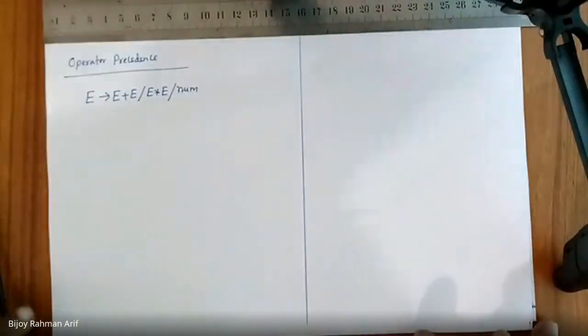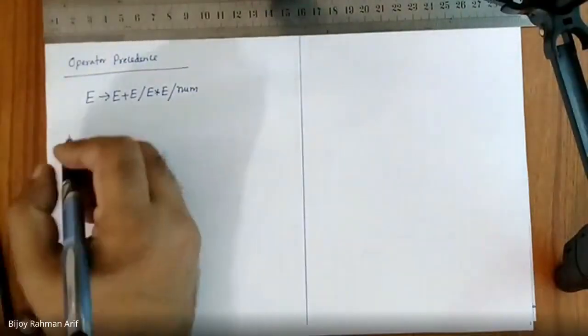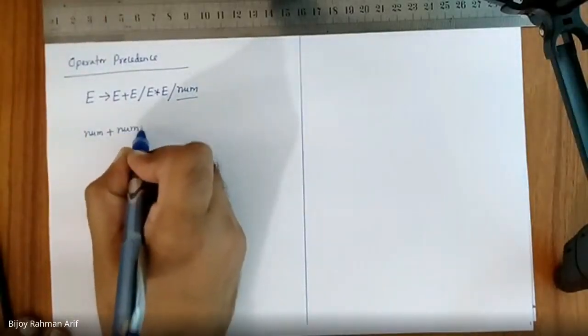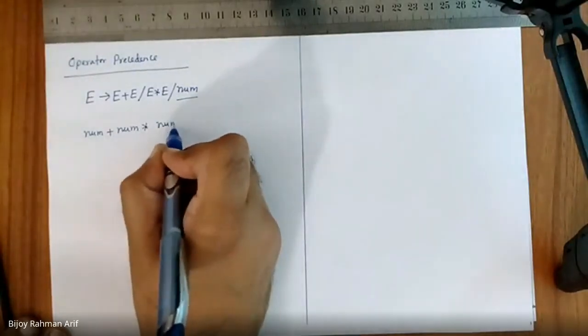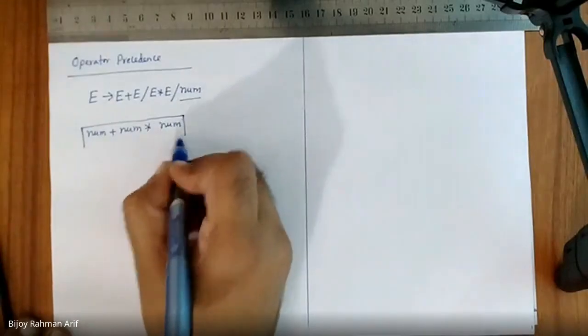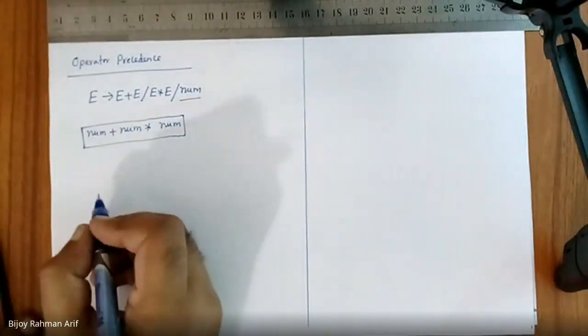Am I right? What is the string? Don't memorize the name, I just gave it here. Let's take this string. Now, what are the parse trees?